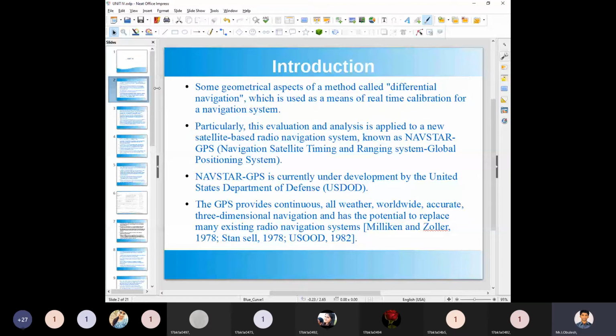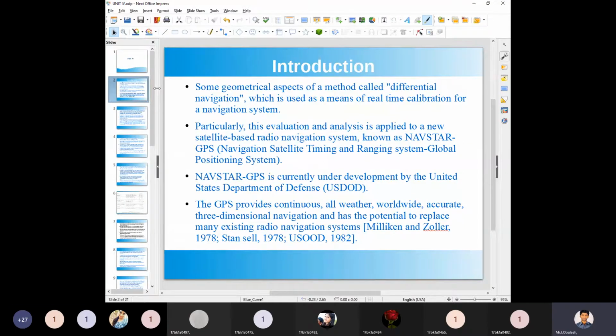Differential navigation is used as a means of real-time calibration for a navigation system.